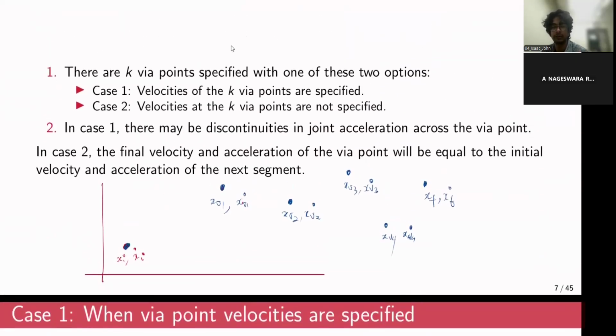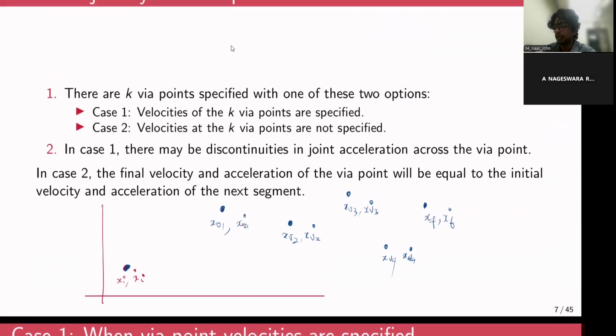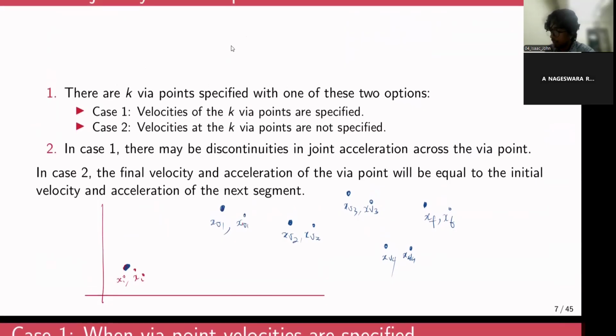Just repeat it, find out the coefficients, and when the robot is in a particular section, use the equations for that particular section. So we only have to replicate whatever we have done multiple number of times.